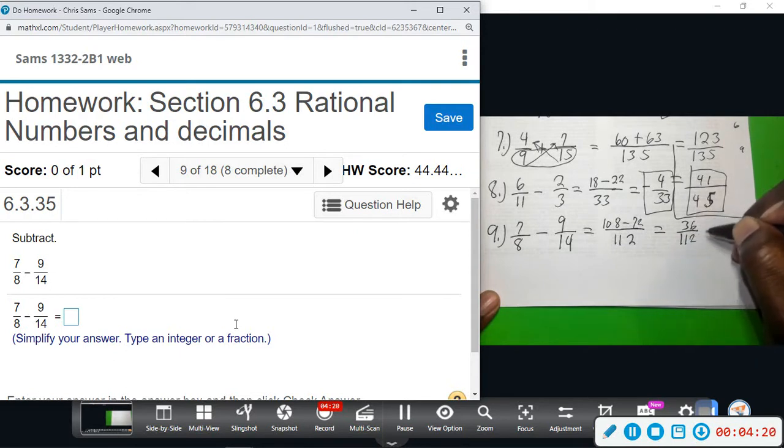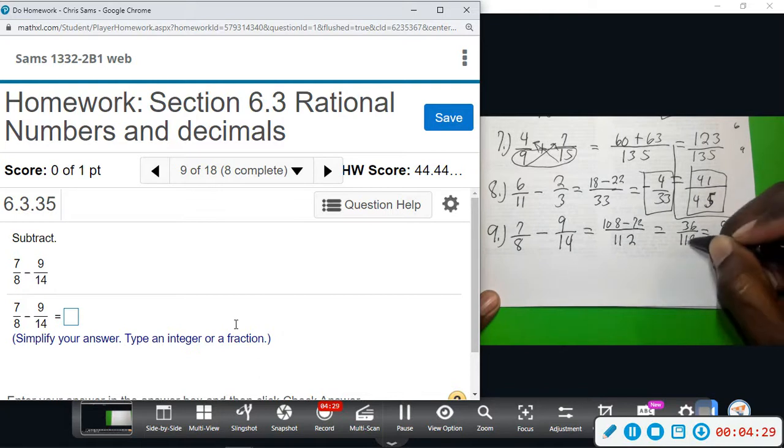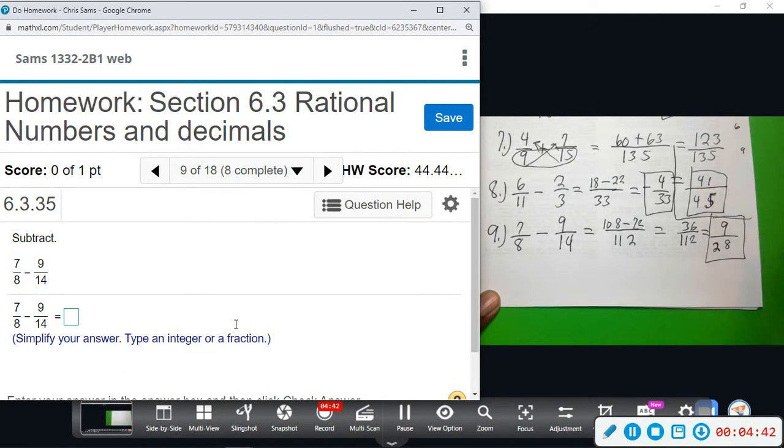These are divisible by 4 at least, I want to say. So divide by 4, and that will give us 9. 4 goes into 11 twice, and then 32, 8 times. So 28, 9 over 28, and then that will not reduce beyond that. So 9 over 28.